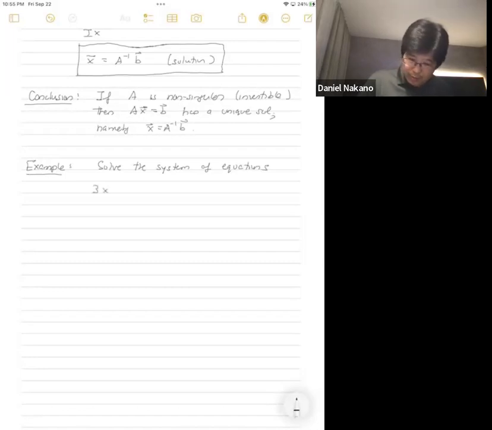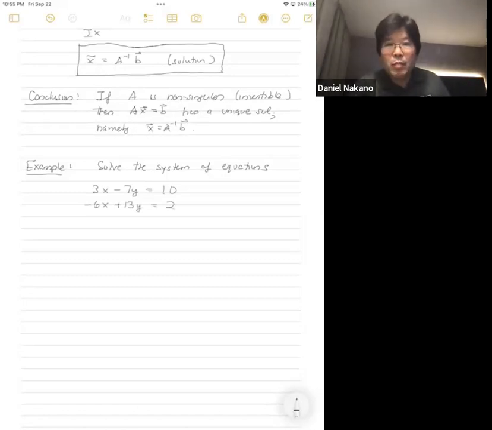So 3x minus 7y is equal to 10, and minus 6x plus 13y is equal to 2. All right, so first of all, let's put it in the more compact form.